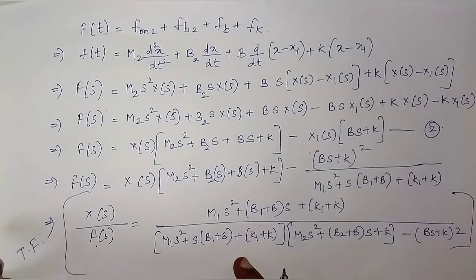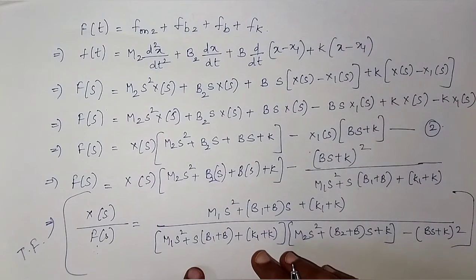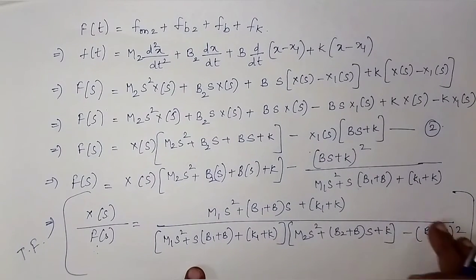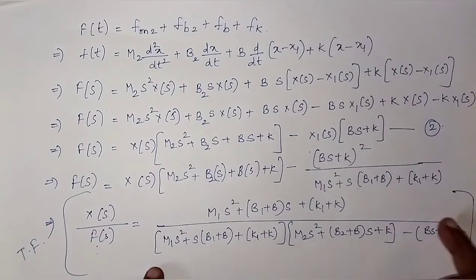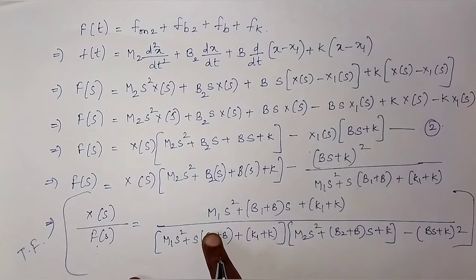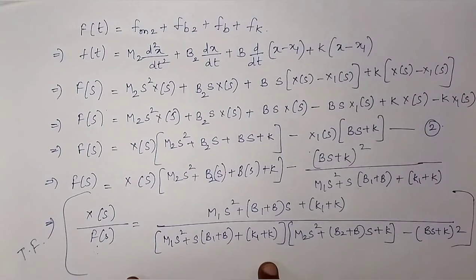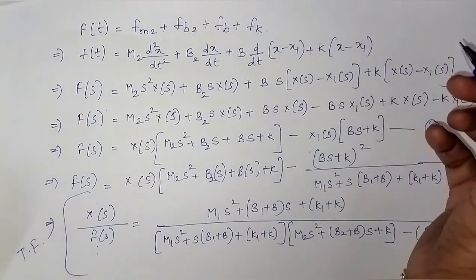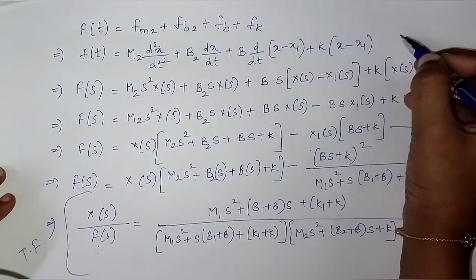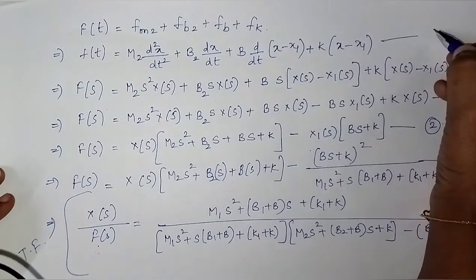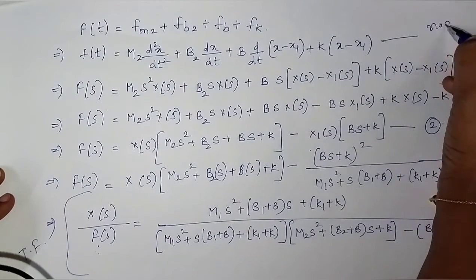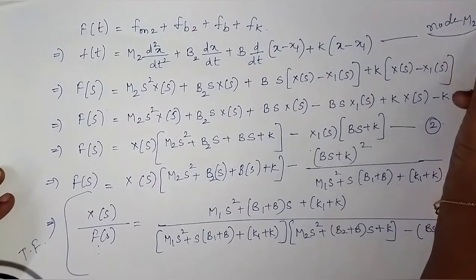So while doing this in exam, how do we represent the final output? We are supposed to write the transfer function as well as we are supposed to write the individual differential equations also. This is one differential equation regarding node M2 here.